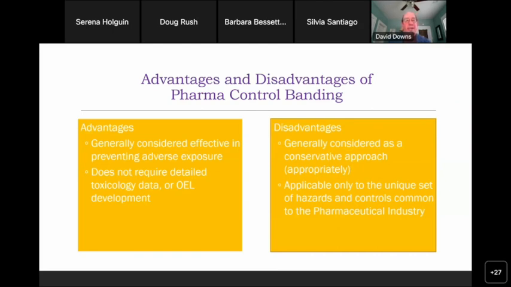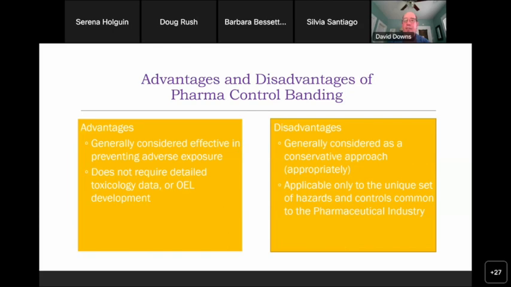Advantages is that this was generally considered effective in preventing adverse exposure. The algorithms and the decisions were generally made in a very conservative fashion. It doesn't require detailed tox data or OEL development before you can actually use the material, because that would really pretty much shut down the development process.